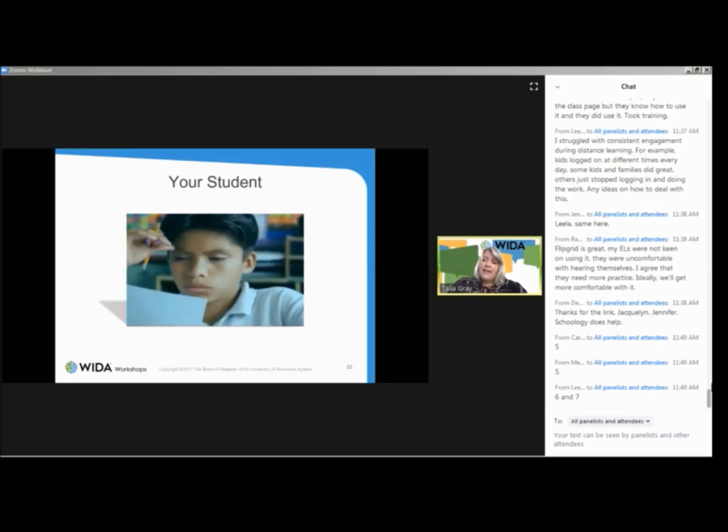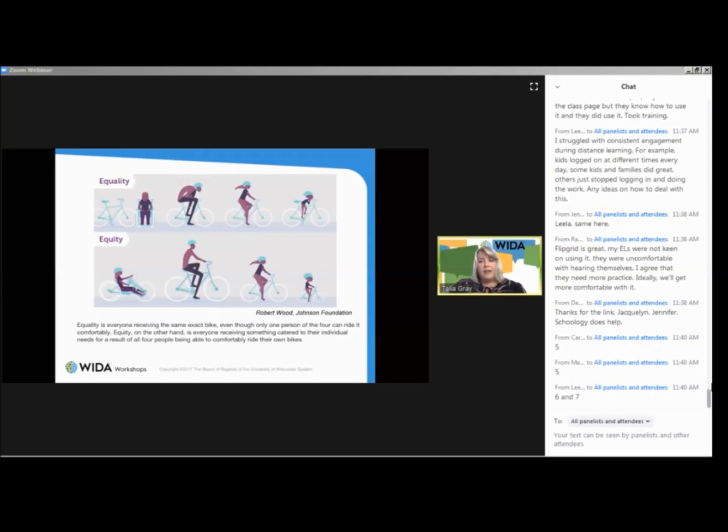Now, with that being said, I want to show you this next graphic. This sort of shows the difference between equality and equity. Now, if you look at the top row, every single one of these 4 people gets the same bicycle. That's equality. Everybody gets the same thing.